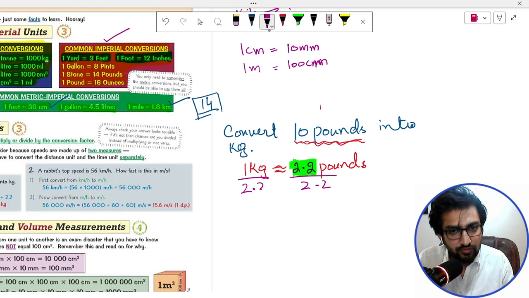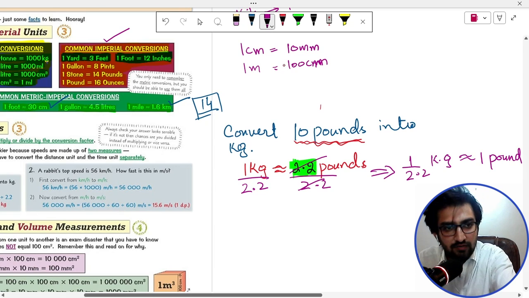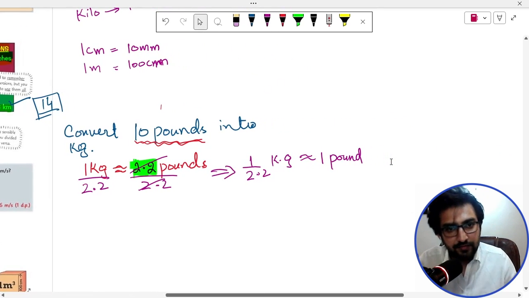2.2 there, 2.2 there, so this 2.2 and 2.2 will cancel out. So this will become 1 divided by 2.2 kilograms, keeping kilogram in its own place, almost equal to 1 pound. So now you can see we have 1 pound here.